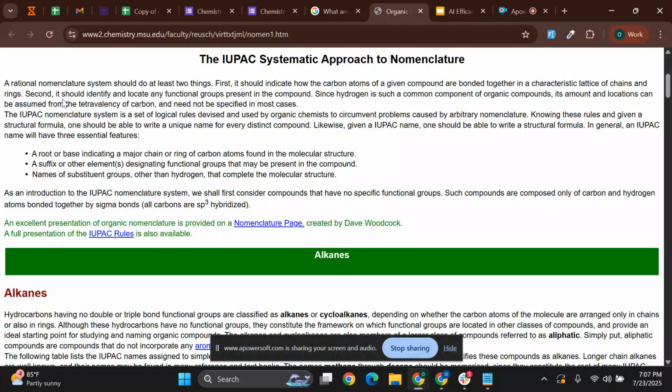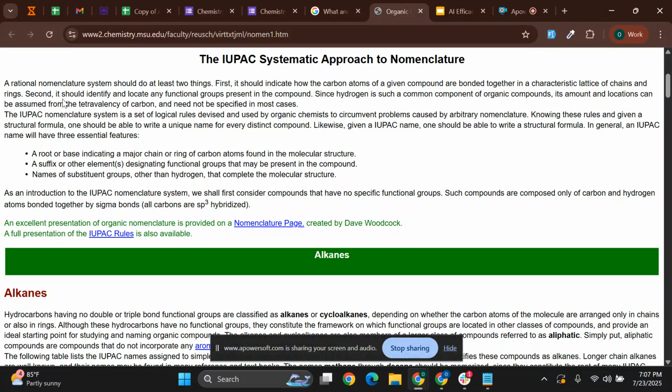Since hydrogen is such a common component of organic compounds, its amount and location can be assumed from the tetravalency of carbon and need not be specified in most cases.